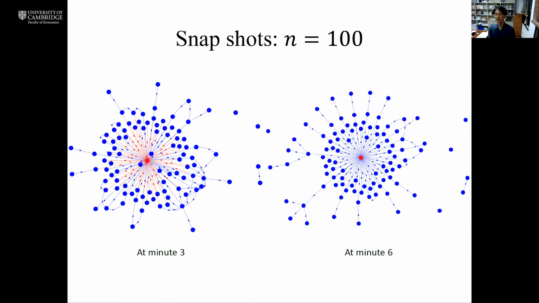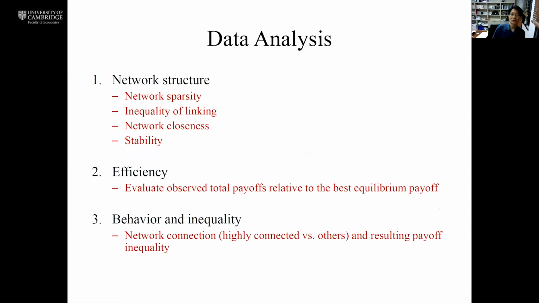So given that, now I'm going to show you more systematically the main features of the data from this experiment. Across the 3 experiments, we are going to conduct the same structure of data analysis. So I'm going to first lay out what structure we're going to use for each experiment, and then in the later experiments, I'm not going to show this. In every experiment, we start with the network structure.